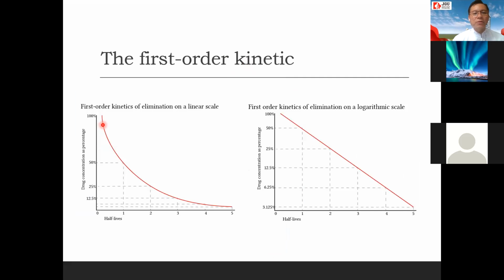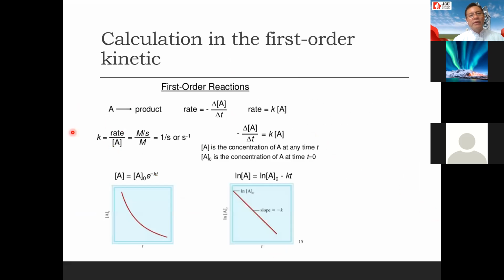So the first order kinetic, in the normal linear scale like this, and this is in semi-logarithmic scale. This one I already explained. Now, calculation of the first order kinetic. A equals A0 times e to the power of minus kt.